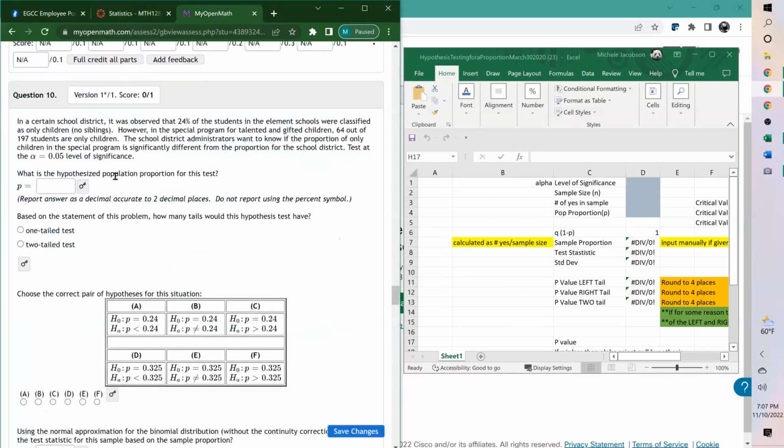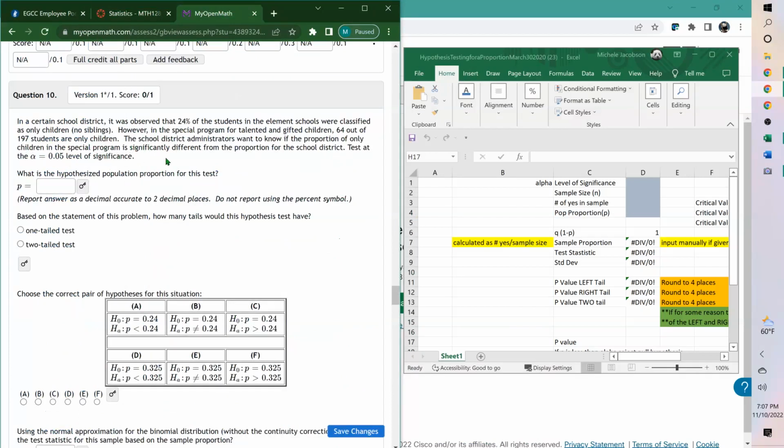And for this one, in a certain school district, it's observed that 24% of the students in the elementary school were classified as only children, no siblings. However, in a special program for talented and gifted children, 64 out of 197 students are only children.